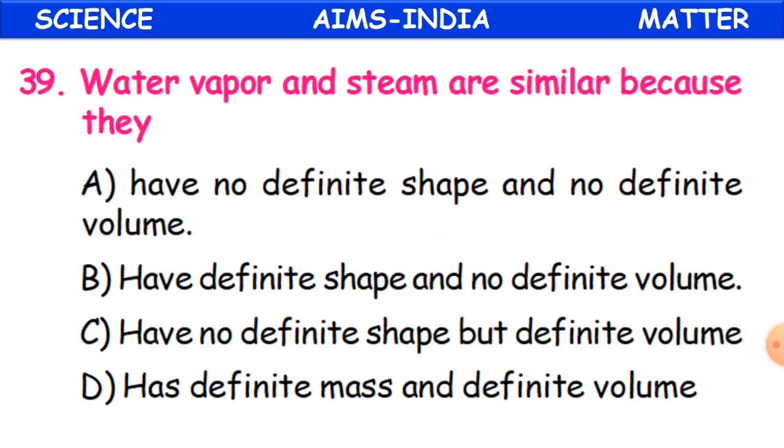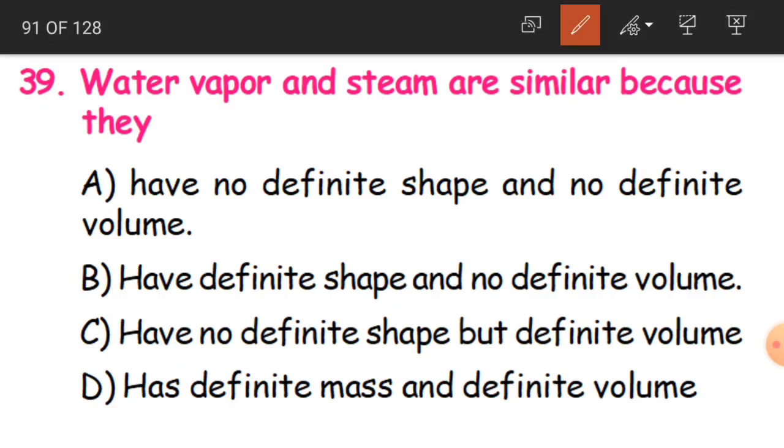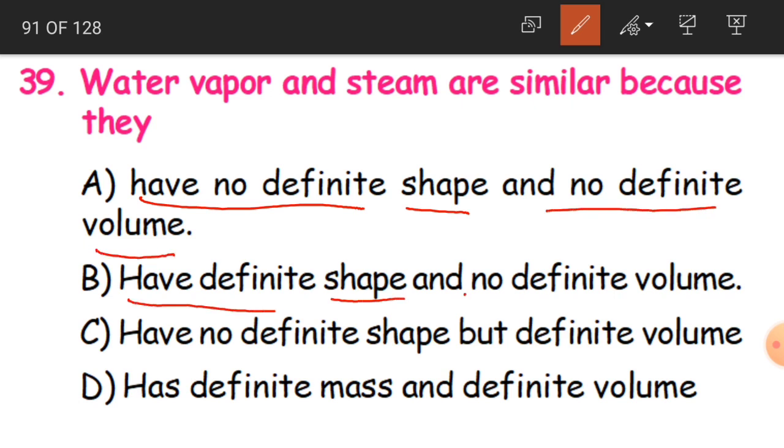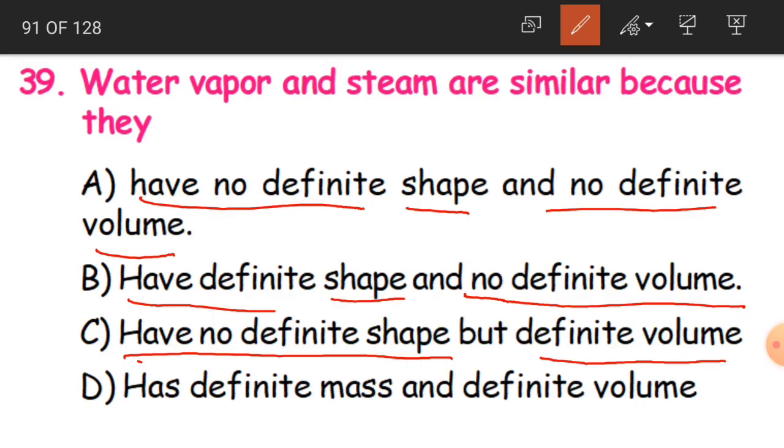Now 39th question. Water vapor and steam are similar because they: have no definite shape and no definite volume; have definite shape and no definite volume; have no definite shape but definite volume; or have definite mass and definite volume.